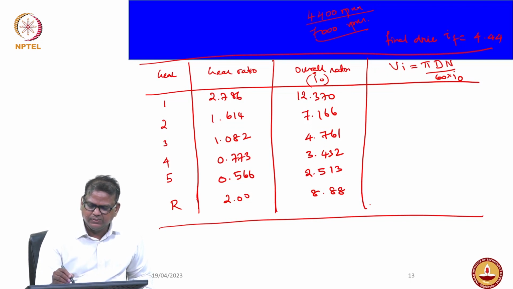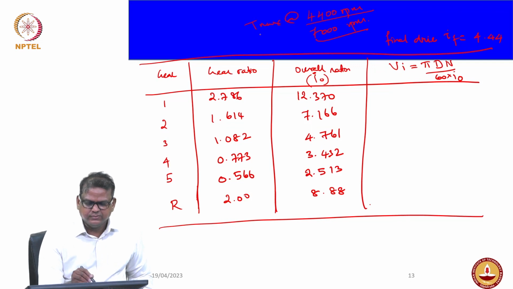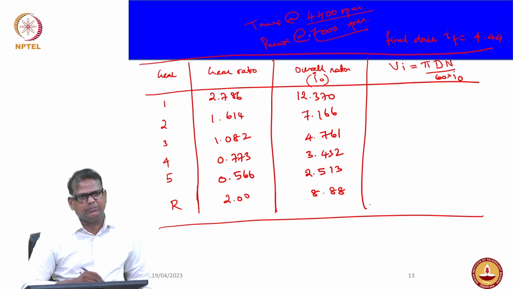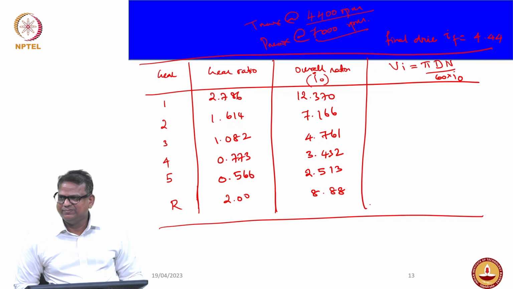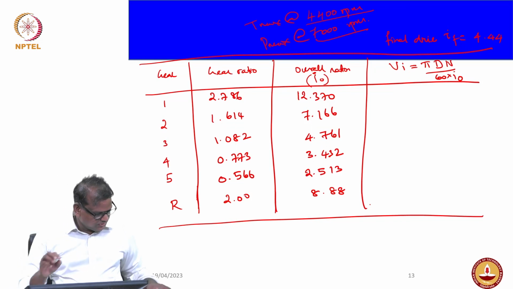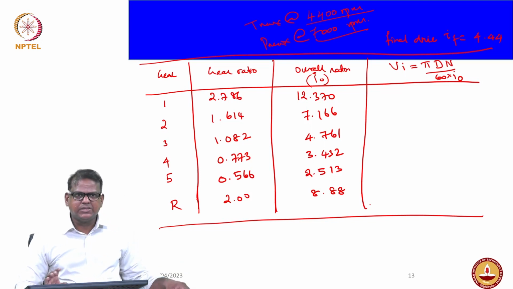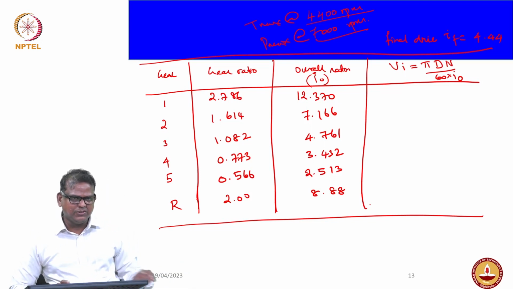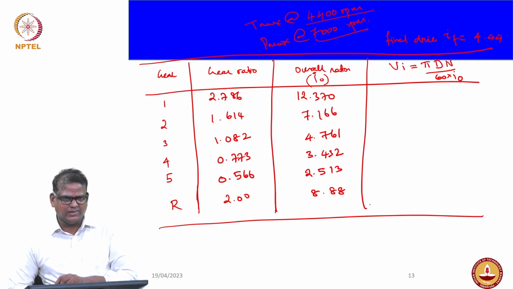This is the speed at T max, that is for maximum torque, whereas 7000 rpm is for maximum power. Which one? Okay, just think about that. So I will stop now. We will continue in the next class.